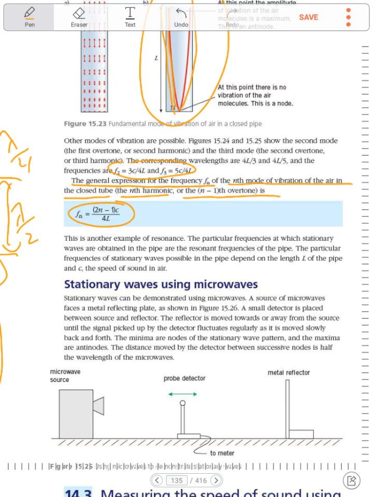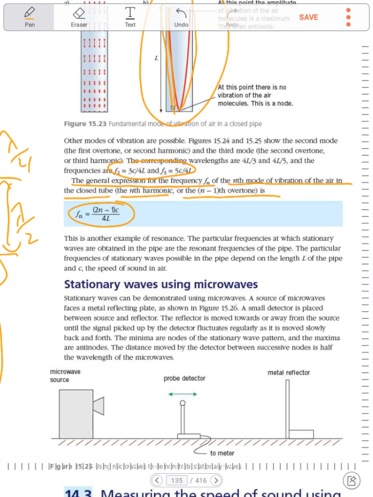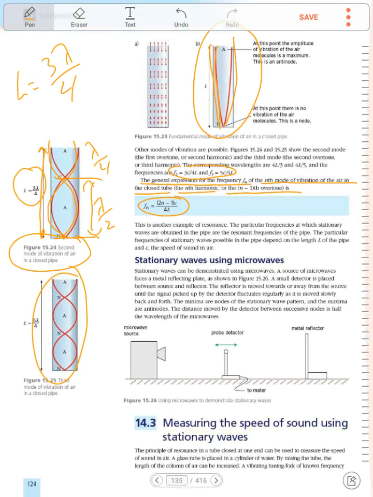How can I find the frequency? Using the relation v equals lambda multiplied by frequency. Speed is constant, so the frequency equals speed over wavelength, and the wavelength here equals 4L. You have to remember these values very well. You will be asked to calculate the first or second or third harmonic.